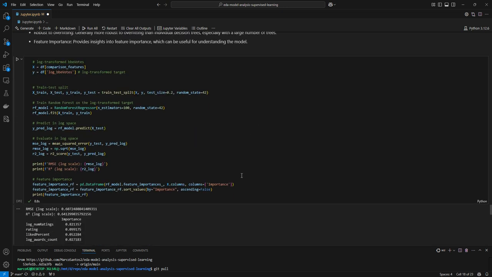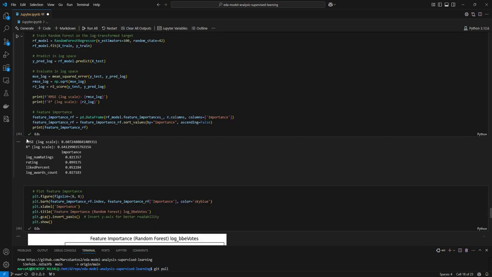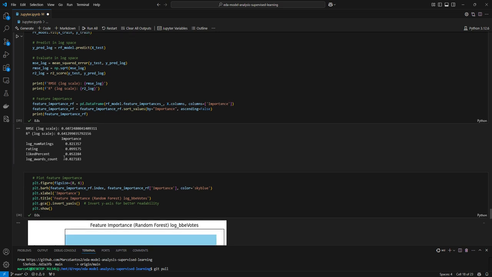All right, so we can take a look at the results here. We see the root mean square error is 0.60, R square is 0.64, and then the importance: number of ratings 0.82, rating 0.09, which is a much smaller relevance there, and then like percent 0.05 and award counts 0.02.